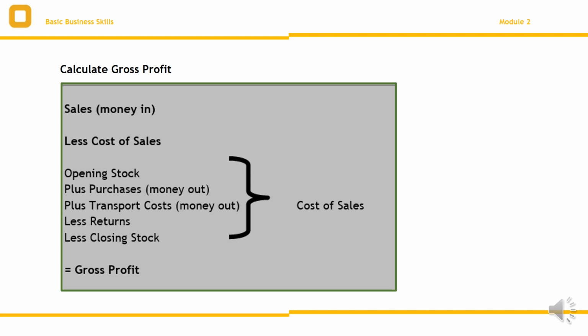You would add any purchases of new stock. You would add any transport costs that you incurred to go and actually purchase your stock. You would minus any returns, any stock that you may have returned to your supplier, and you would minus your closing stock, so stock that you had left over at the end of the month. So the difference between your sales and your cost of sales would then give you a figure for gross profit.